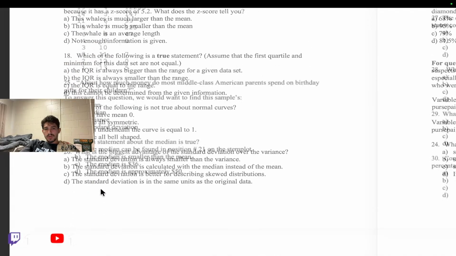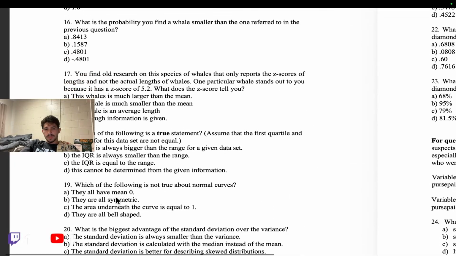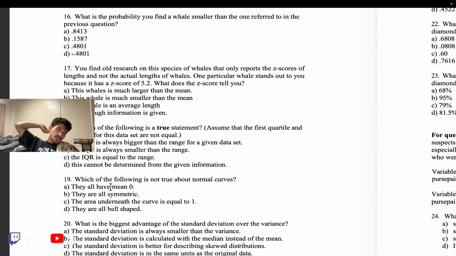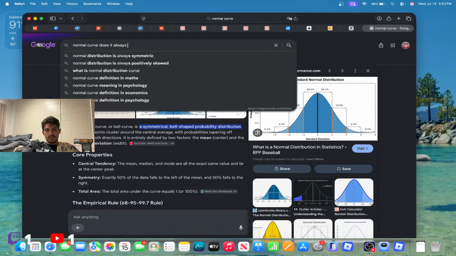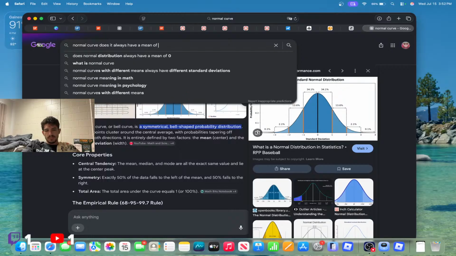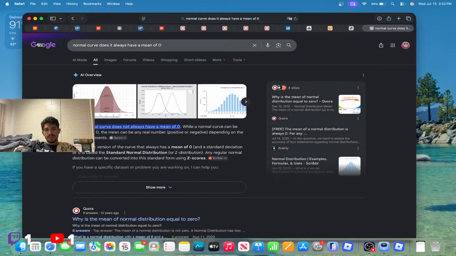So they're all symmetric, that's true. Okay, so they don't have a mean of 0. Well, the mean is not always going to be 0. That's the point. It doesn't always have a mean of 0. Yeah, the mean could be any real number.